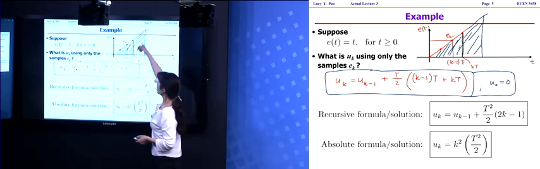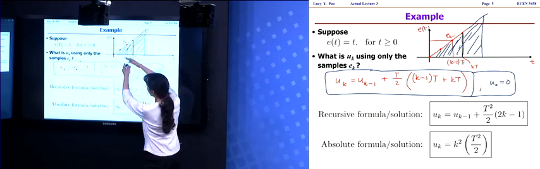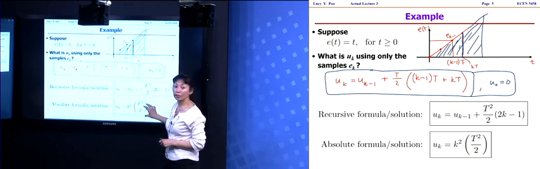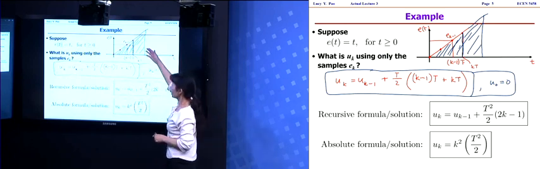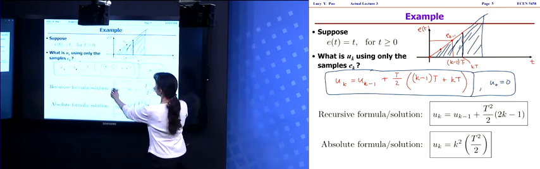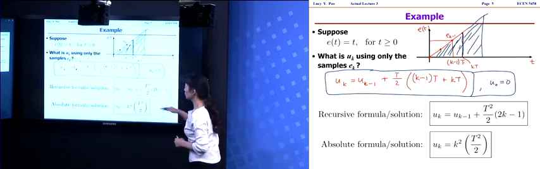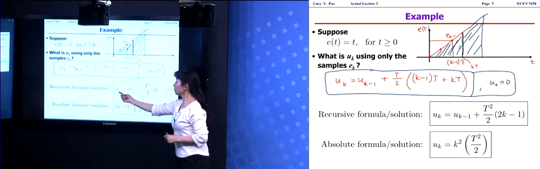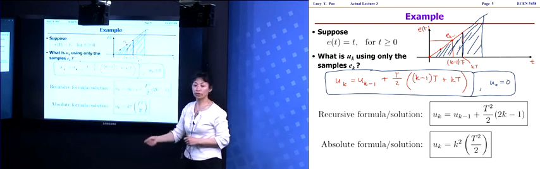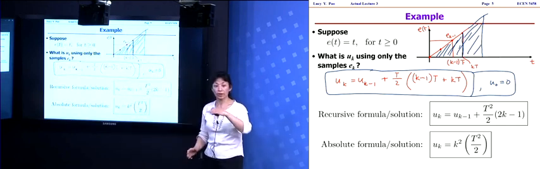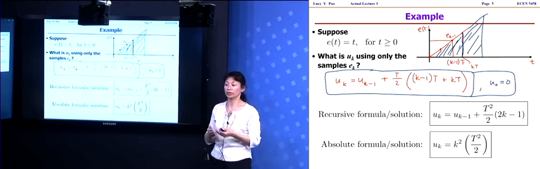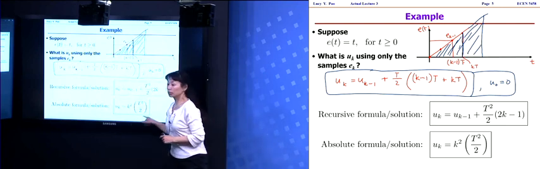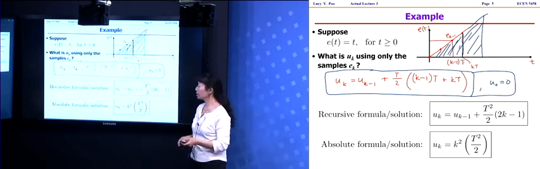Now, because of the simplicity of this particular example, you could look at the geometry and write out exactly what the absolute formula is. Sometimes, if that's not so easy to do, you can actually take your first order difference equation and just iterate, write out U0, then you can compute what U1 is, U2, et cetera, and you might see a pattern, and with the principle of mathematical induction, you can then generalize and prove what the general absolute formula is, okay?